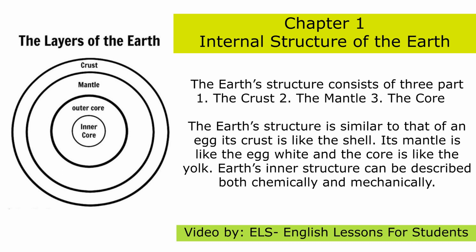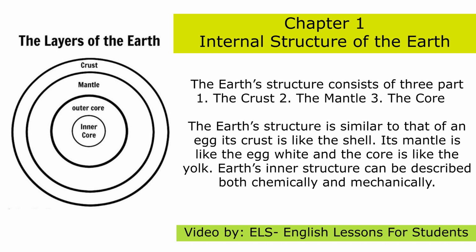Its crust is like the shell. Its mantle is like the egg white, and the core is like the yolk. Clear? We can have a look at a boiled egg. The earth's structure is similar to that one.